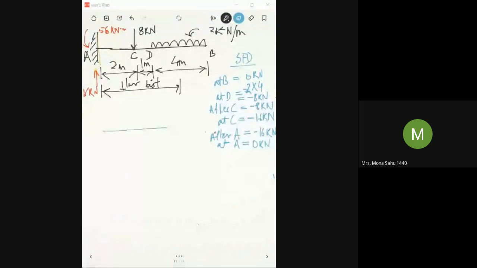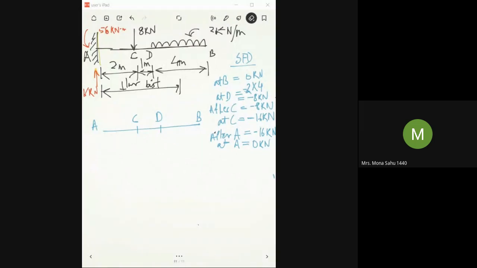So I draw the line A, C, D, and B. Now plot the points. Let's take B a little on this side. At B it is 0, only 1 point.